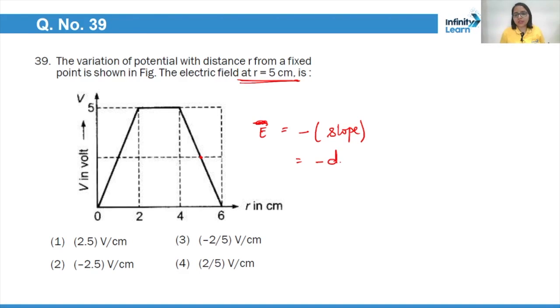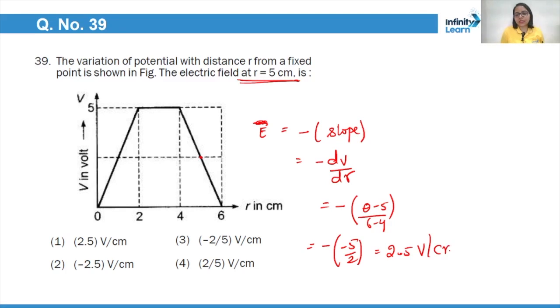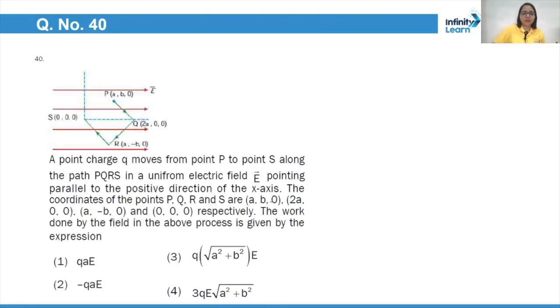Because E is equal to minus dV by dr, and dV by dr is the slope of this line over here. So it is minus of slope, which is change in y, that is phi to 0, so 0 minus phi, divided by change in x, that is 4 to 6, so 6 minus 4. So this is minus of minus phi upon 2, that is equal to 2.5 volt per centimeter. So correct answer is option 1.